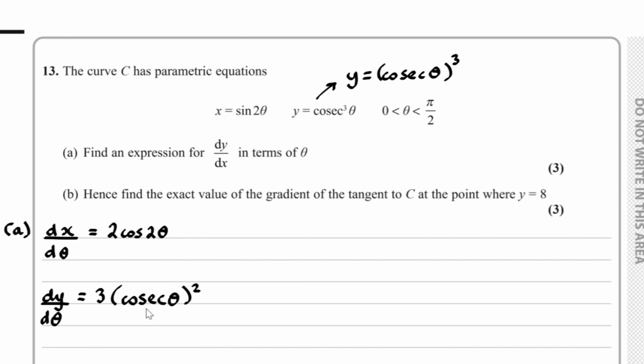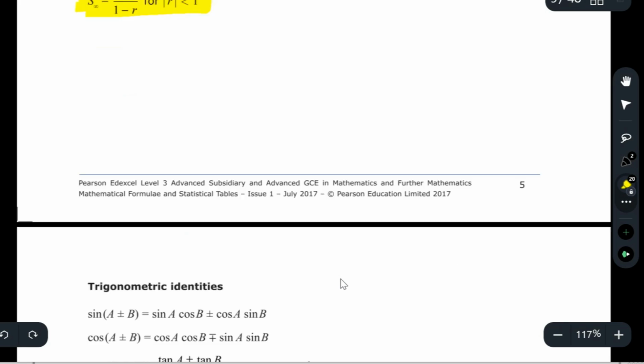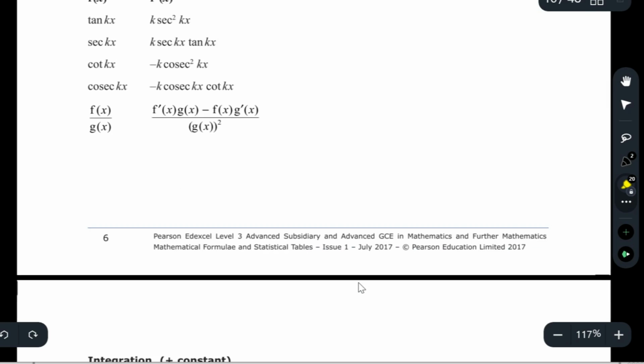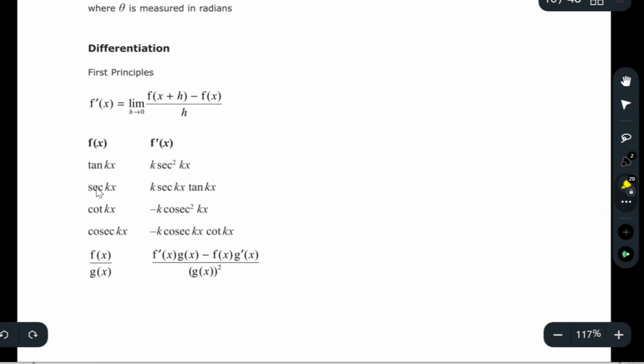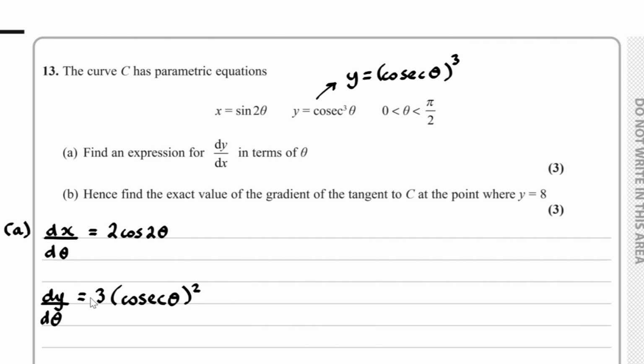And then we need to multiply by the derivative of cosec theta. Now if we go to the formula book, to the differentiation section, the derivative of cosec theta is minus cosec theta cot theta. So we'd have a minus here, and then we multiply this by cosec theta cot theta.